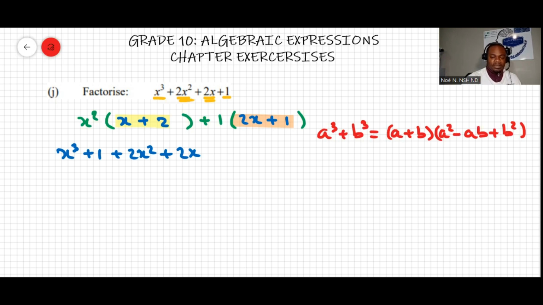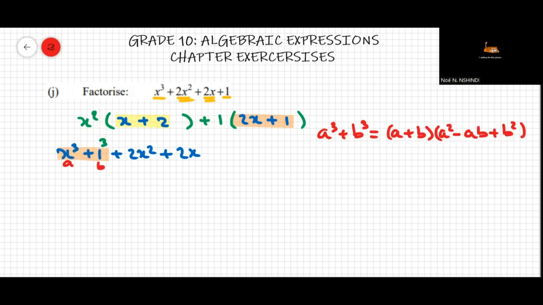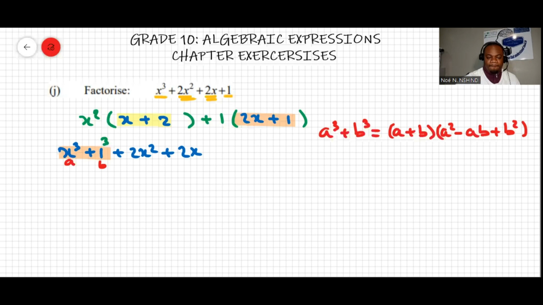So if a is x and b is 1, I'm saying that because 1 is the same as 1 to the power of 3. So these two can be considered as a sum of 2 cubes.